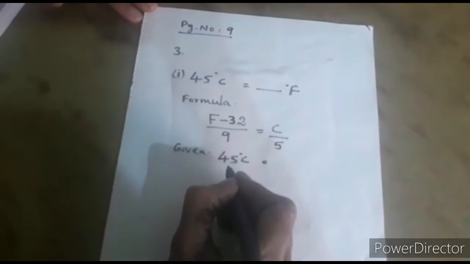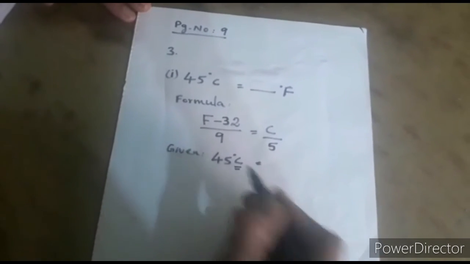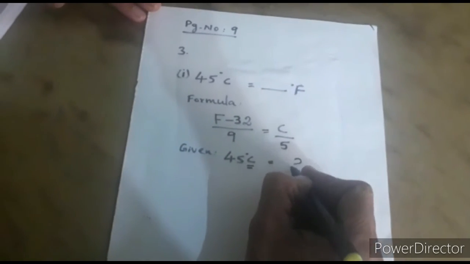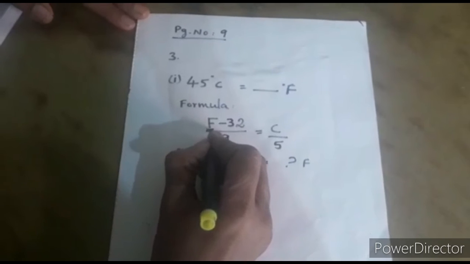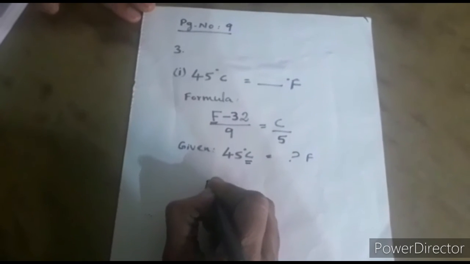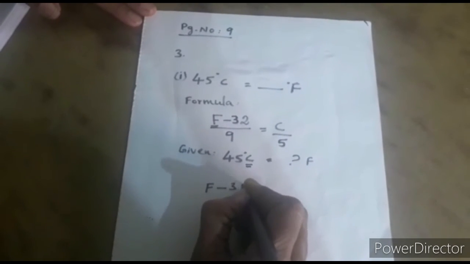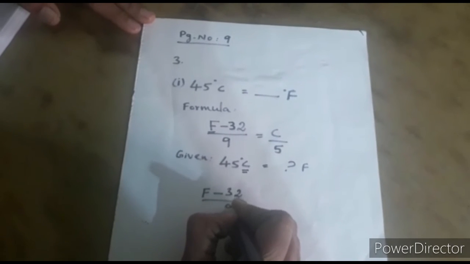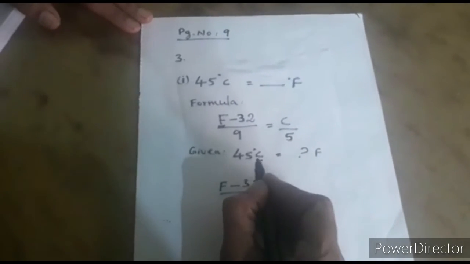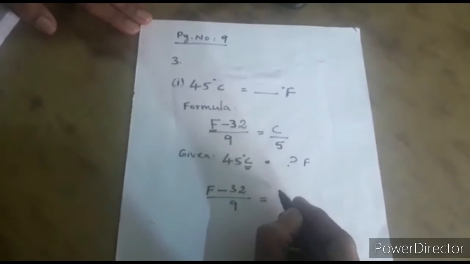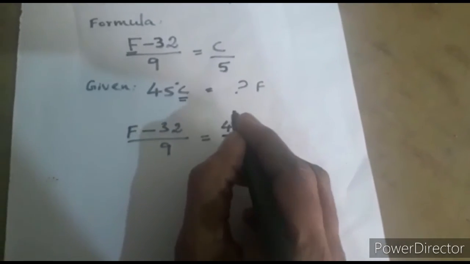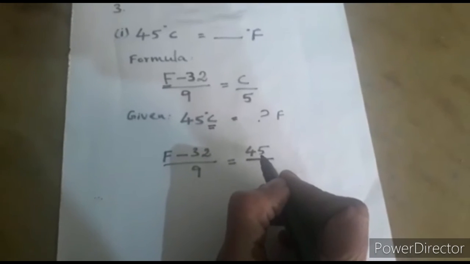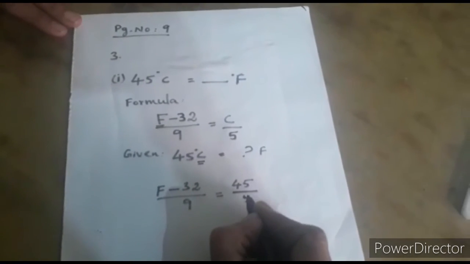What is given? 45 degrees C is given, and what is asked? F is asked. So you have to find out F. F minus 32 divided by 9 is equal to, here C is given as 45. So in the place of C, you have to substitute 45 divided by 5.